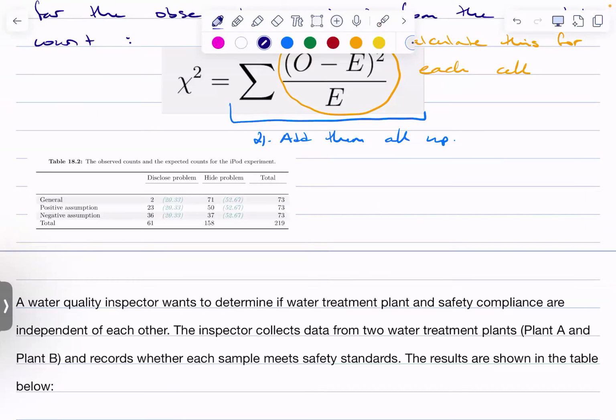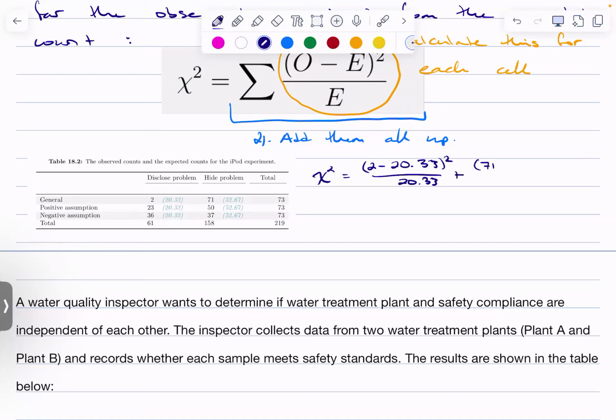So what would we need to do? Our chi-squared would be 2 minus 20.33 squared divided by 20.33 plus, and I'll work across the rows down. It doesn't matter since you're adding them up anyways.